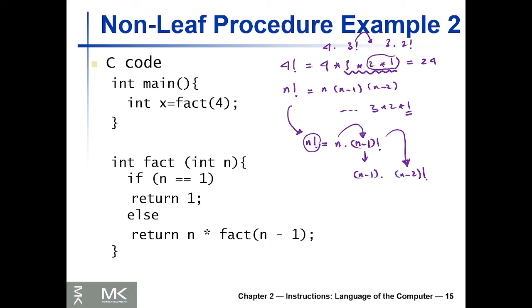So in the C code here, we have very simple code that calculates factorial of 4. Okay, fact is actually a factorial function here that receives this 4. Then there are two returns. You can do return in two separate instances.